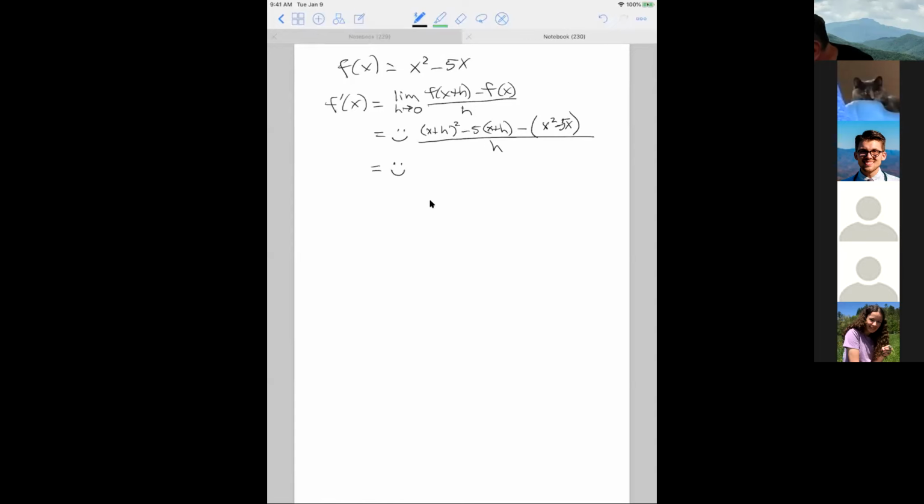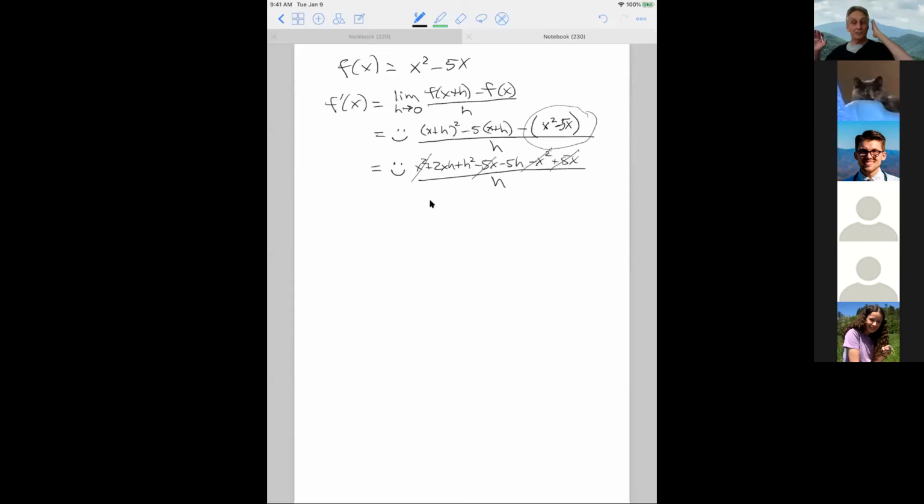So we end up with the limit as h goes to 0 of x squared plus 2xh. Remember, there's a middle term, plus h squared minus 5x minus 5h minus x squared plus 5x, over h. Now the cancellations happen: minus 5x plus 5x, and minus x squared plus x squared. Every time, this whole thing should go away.